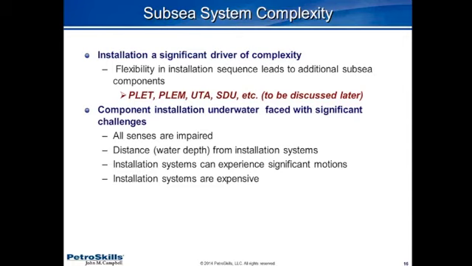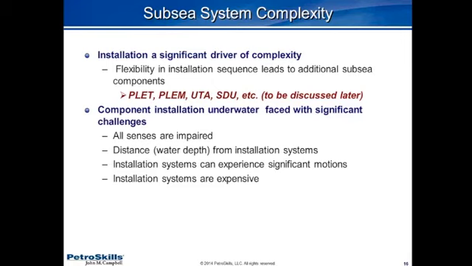And these components are heavy and require installation support vessels that can be quite expensive to use, thus increasing the overall cost of the development.